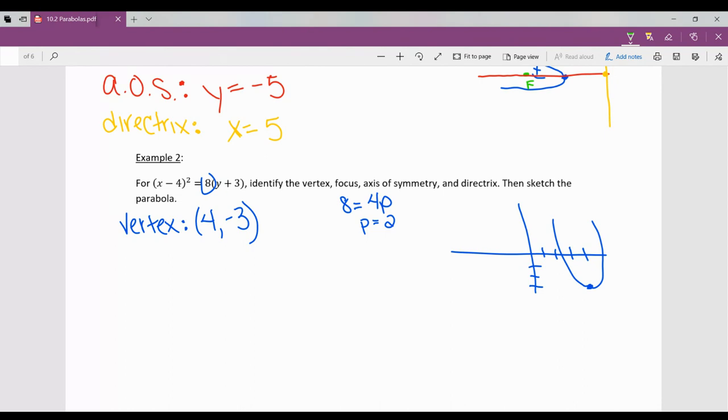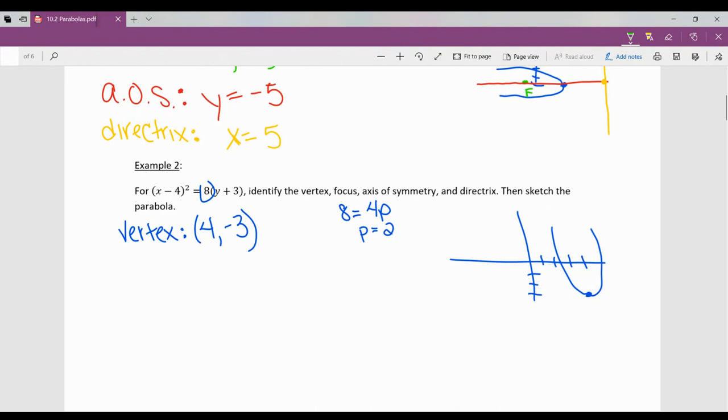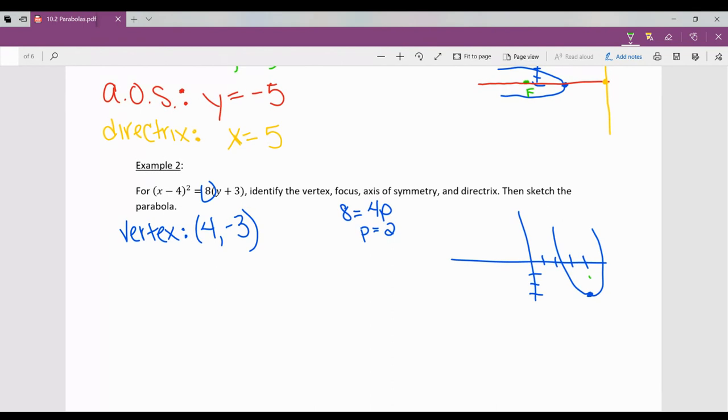Because it needs to be inside, we're going to count up 2. So 1, 2. So my focus is right there. So my focus is going to be (4, -1).